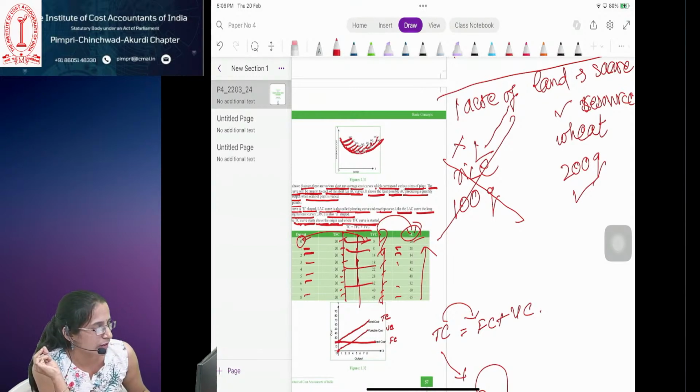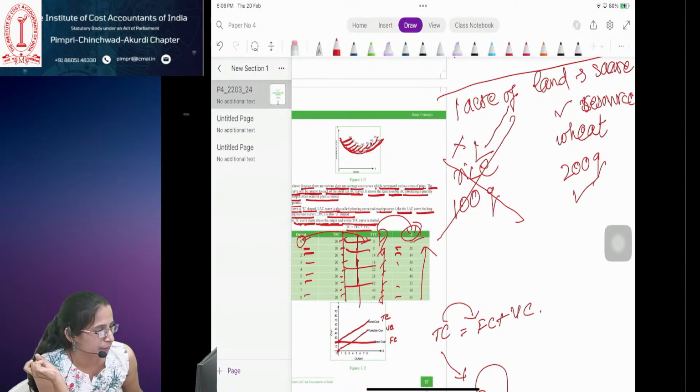Rice, right? For producing 200 quintals of wheat, I did not use this 1 acre land to produce rice. So the opportunity cost of producing 200 quintals of wheat is 100 quintals of rice. Got it? Yes, ma'am. Got it.